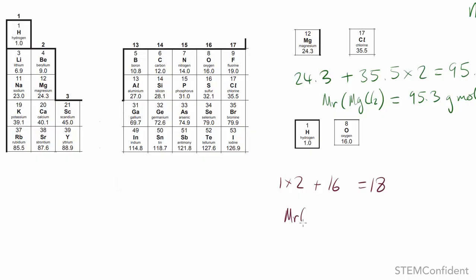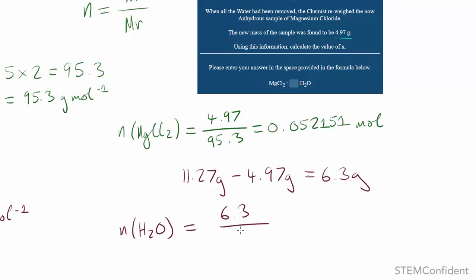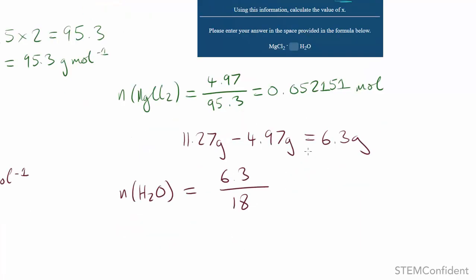So the Mr of H₂O is equal to 18 grams per mole, right? Given we've got that value, 6.3 needs to be divided by 18, okay? And if you do that, what you should get is 0.35, and that's going to be in moles. So we've got now the moles of the MgCl₂ and of the H₂O.